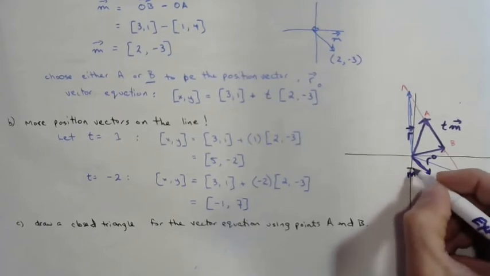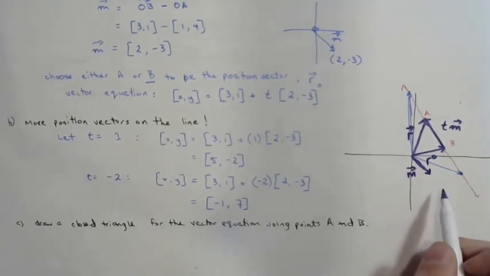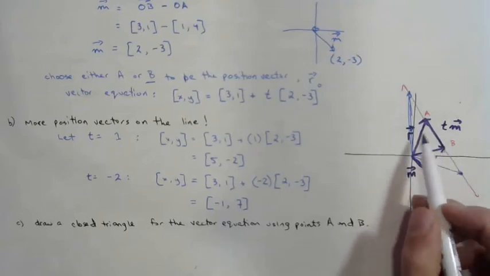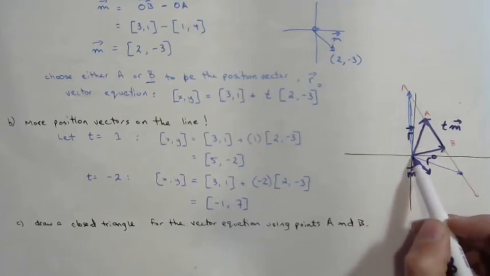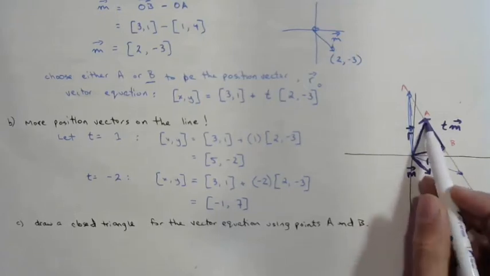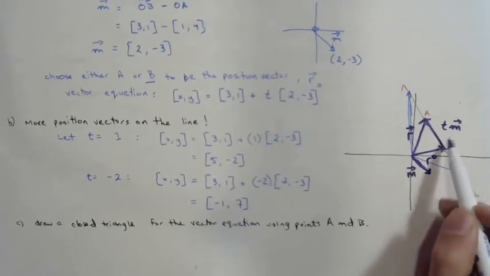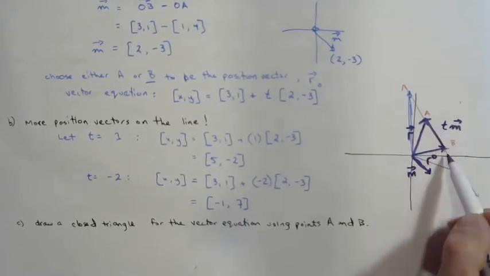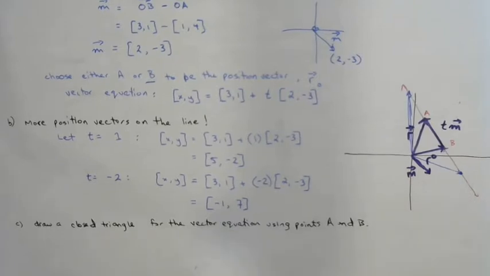That was our direction vector. Okay, so if you can make sense of that diagram, we have a closed triangle using the position vector OA and OB, and the direction vector M, scalar multiple of it, will close off the triangle.